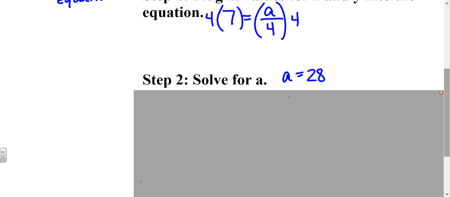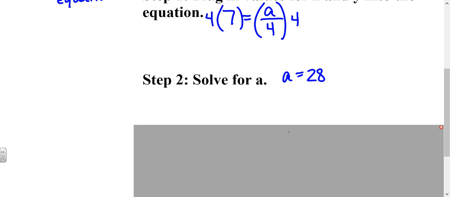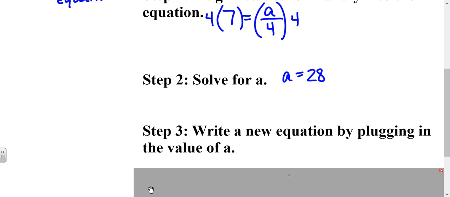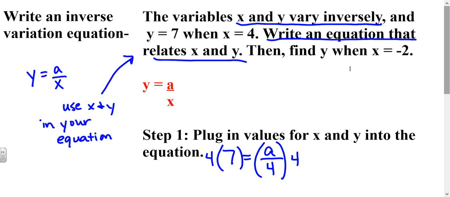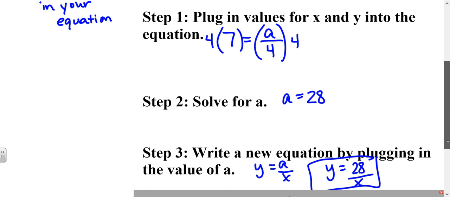But my directions said write an equation relating x and y. So now we're going to write the new equation by plugging in what we got for a. We're going to use y equals a over x, but instead of a, we're going to have 28. And that's going to be the answer. Then if you go back up, it said to find y when x equals negative 2.